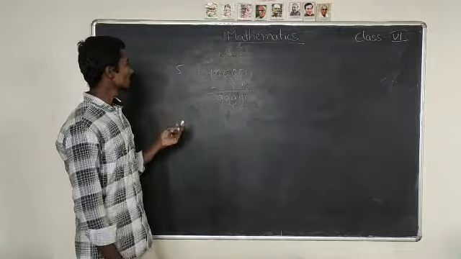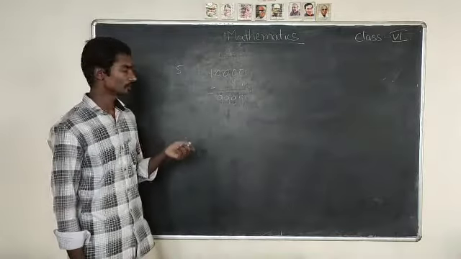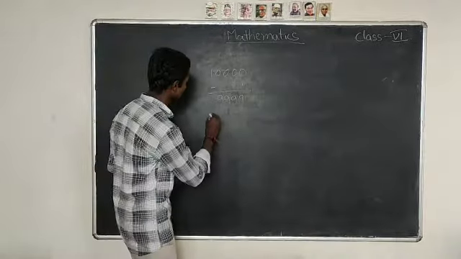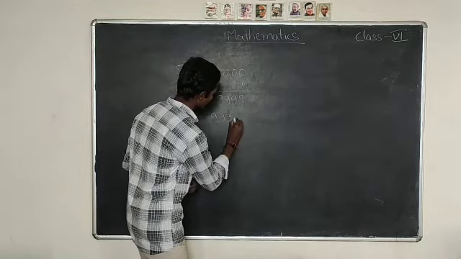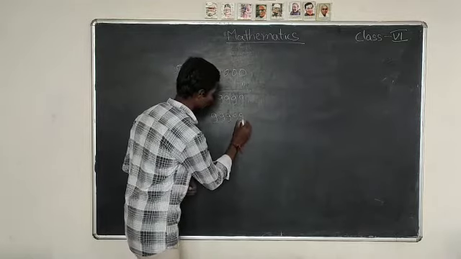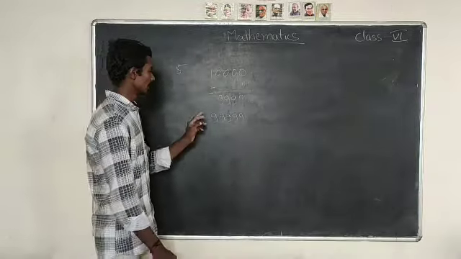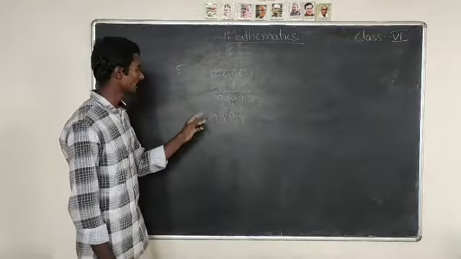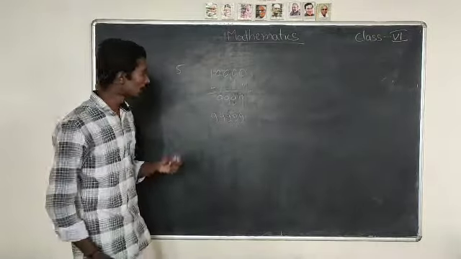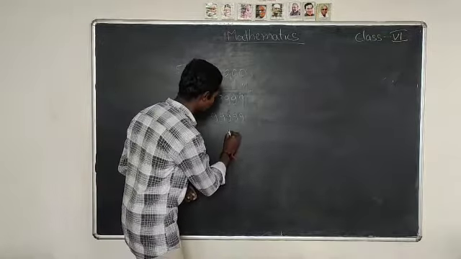Now what is the highest value 5-digit number? That will be your 99,999. This is your highest value 5-digit number. How? If I increase it by 1, what will I get?